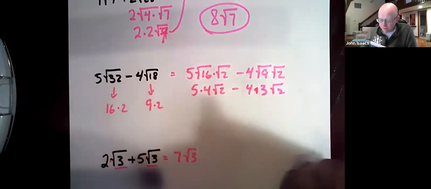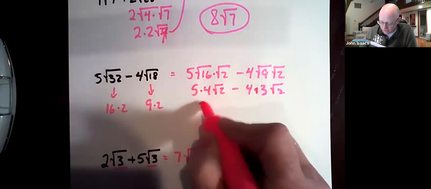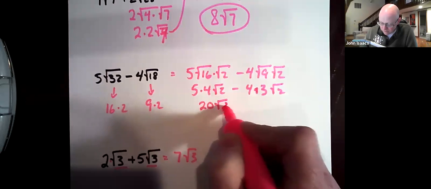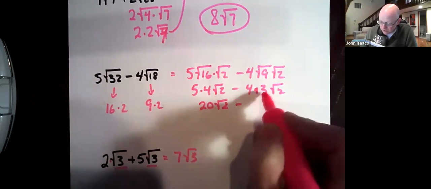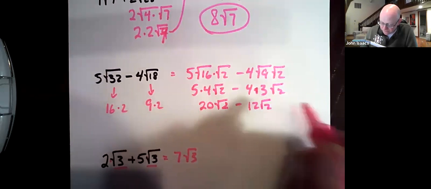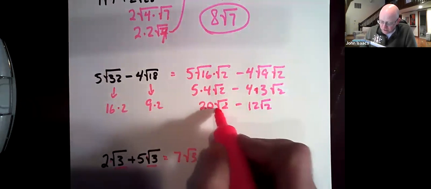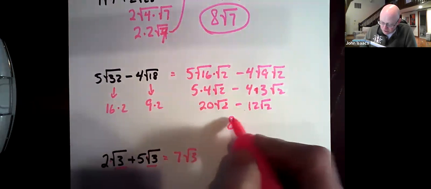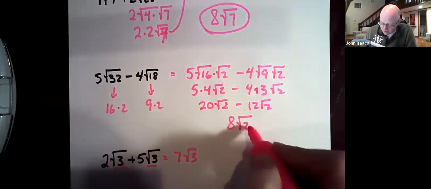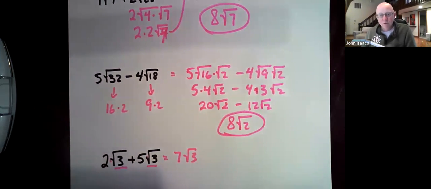And then we just do the math. 5 times 4 is 20 root 2, minus 4 times 3 is 12 root 2. And that gives you 20 of these minus 12 of these, and that means you have 8 root 2's. And we're done.